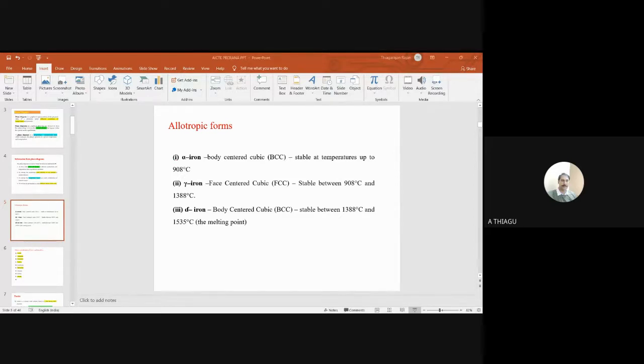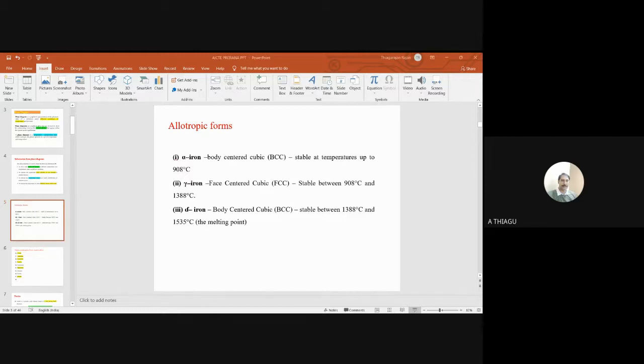Third, the maximum percentage of carbon in iron is 0.025% at 727 degrees. The unique properties of ferrite are that it is soft, ductile, and highly magnetic.